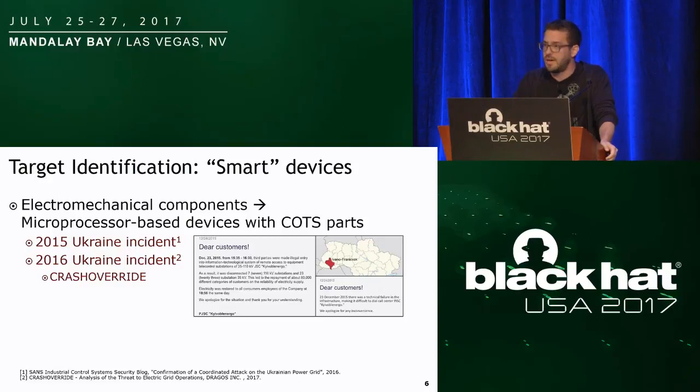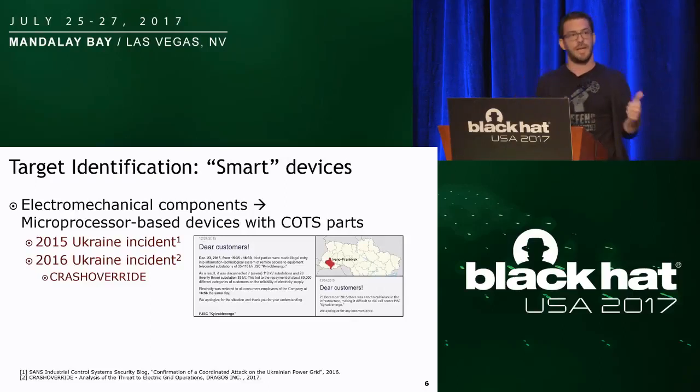In the 2015 Ukraine incident, it was reported that the firmware of one of the modems was replaced with malicious firmware so it could lock the operators out. In 2016, we have a malware, again CRASHOVERRIDE, that is aware of industrial protocols and can send packets to those relays, and can do something more meaningful than those earlier attacks.